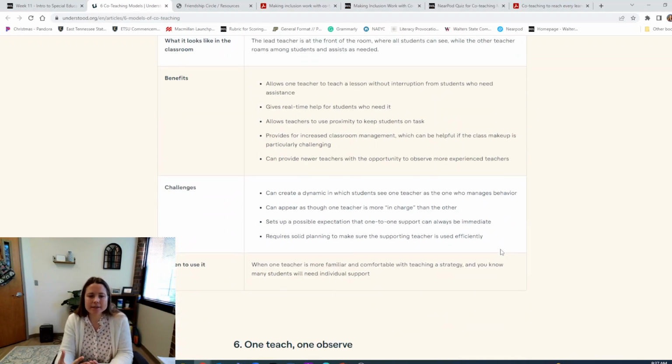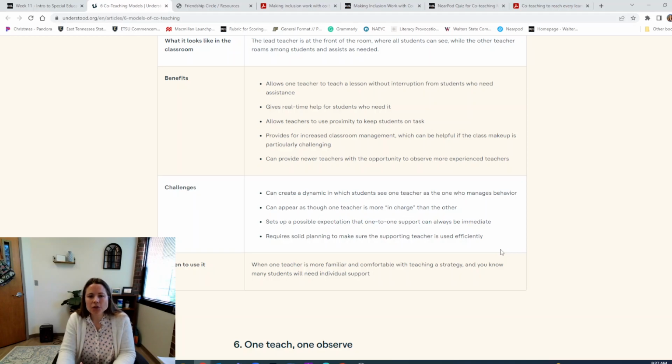So as always, there's challenges. One of the challenges is that we can see one teacher feeling like, especially if you are not switching out the roles, that they're the assistant. One person is superior to the other and in charge, and that's not what you want to do, because that can hurt your relationship, especially if you're supposed to be together the entire year.